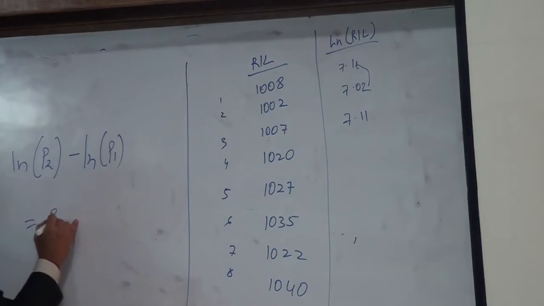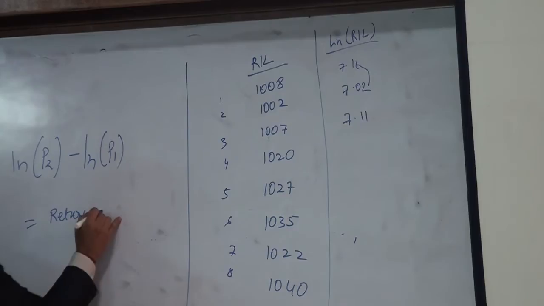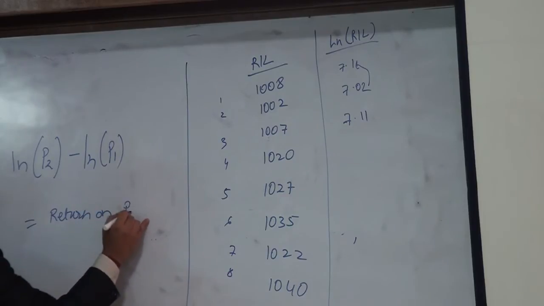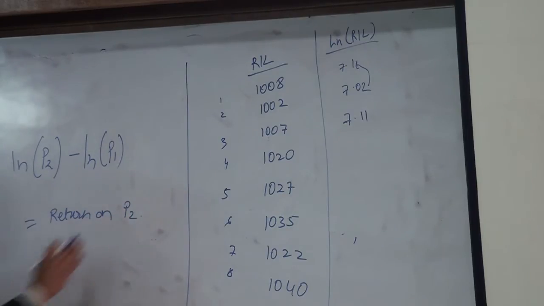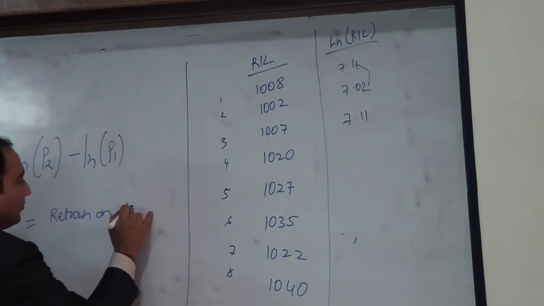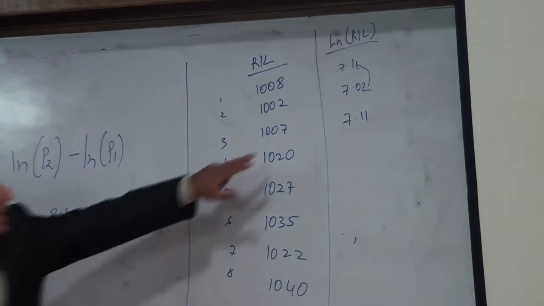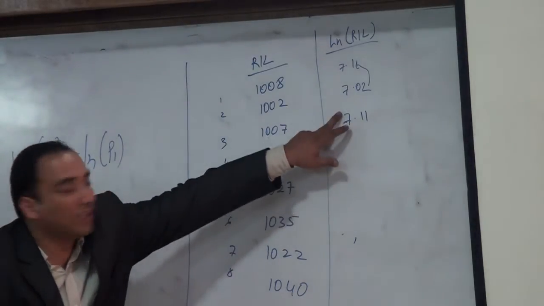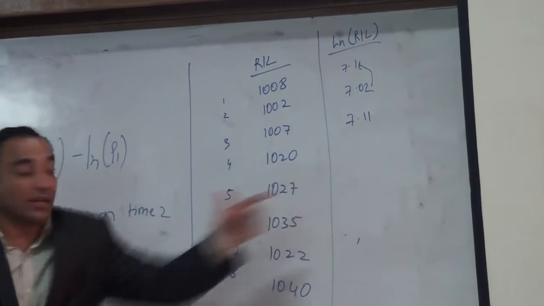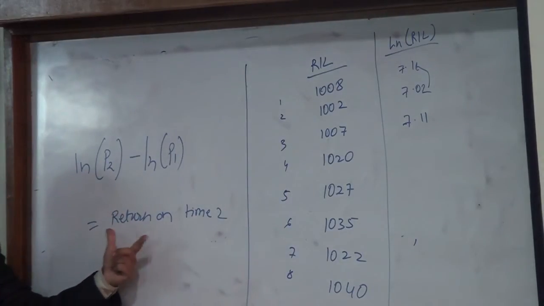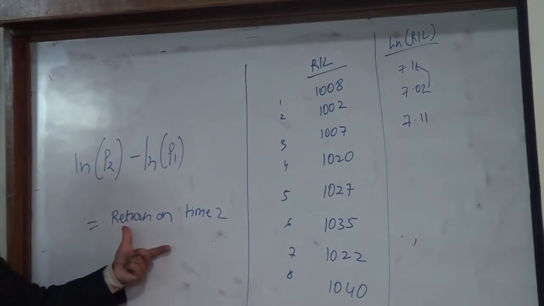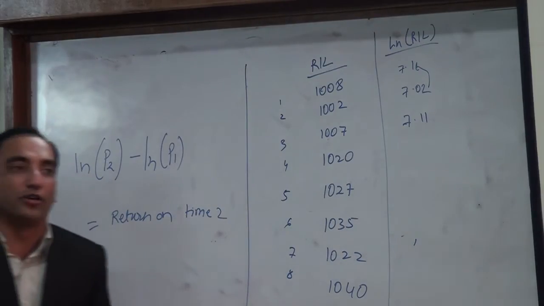It will give me the return at time 2. Similarly, if I do ln of this minus this, I will get the return. But which kind of return is this? This is not a normal return. This is called continuous compounded return.